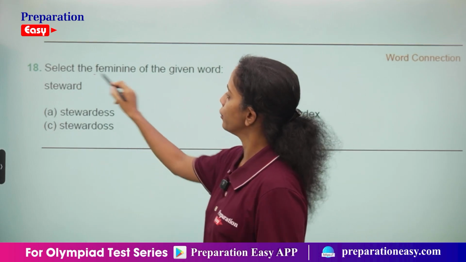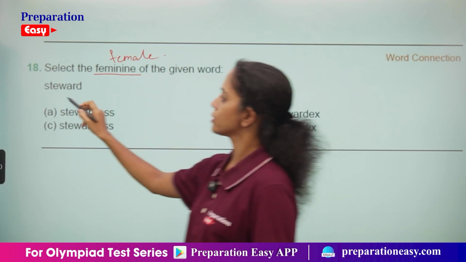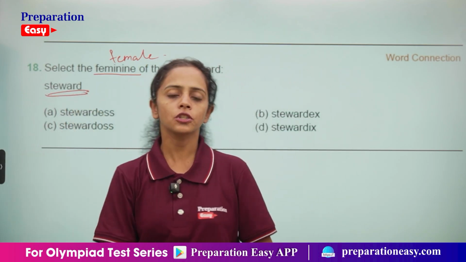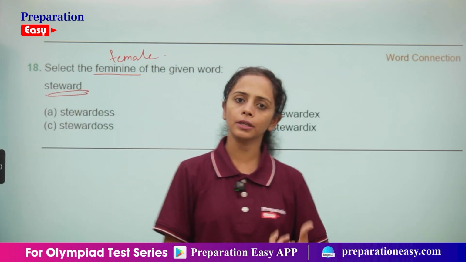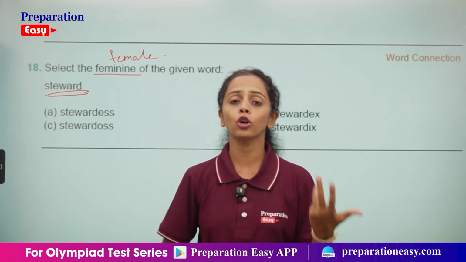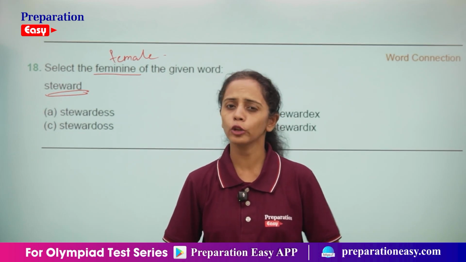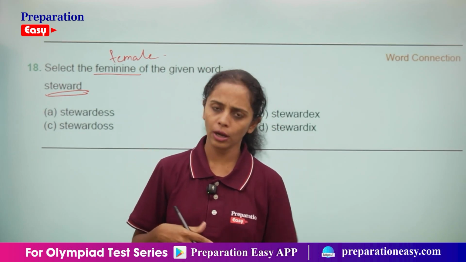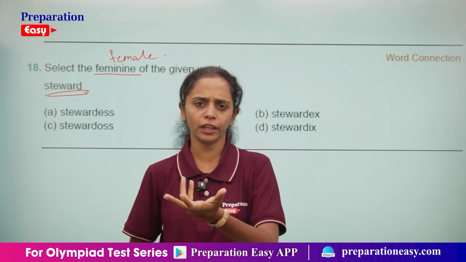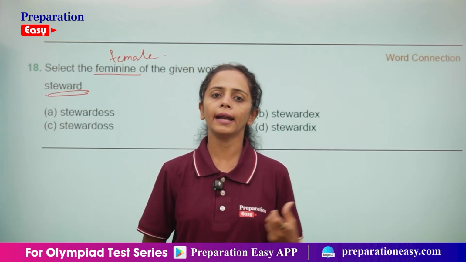Next is the word feminine, that is, female of steward. Steward is actually a person who is serving in aeroplanes, who is serving on ships. You can say the cabin crew members. Crew members means when you are approaching the airplanes or when you are on the ship, there are different kinds of people who are at the counters.